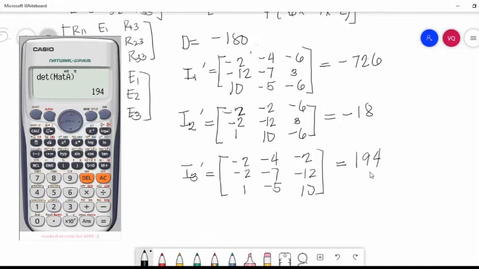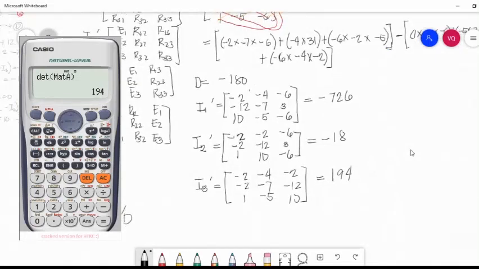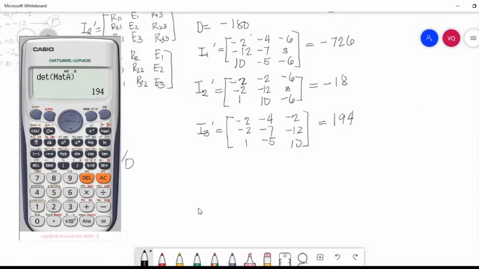So solve na natin yung values ng I1, I2, and I3. So I1 is equal to I1 prime divided by D. Branch current I1 is equal to -726 divided by D, which is -180.